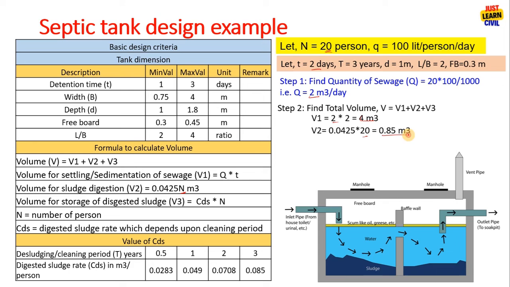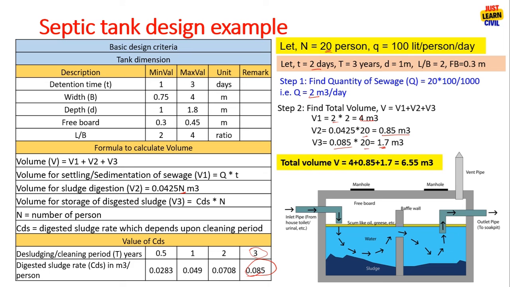It is 0.85 cubic meter. Now V3 equals CDS into n. CDS depends upon the cleaning period. We have assumed cleaning period to be 3 years, so it is 0.085. 0.085 into 20 equals 1.7 cubic meter. Now add all this, we will get 6.55 cubic meter as the volume of tank required.